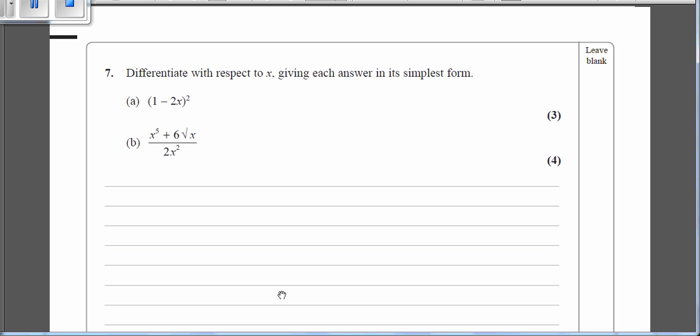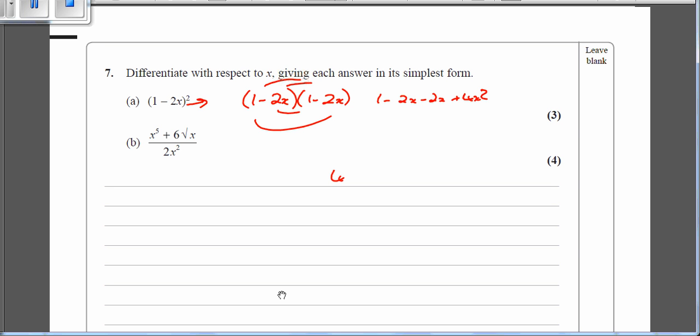Okay, similarly with this one, we can't differentiate at the moment because we've got them as powers. So we need to simplify this by multiplying out the brackets. So just like in the previous videos, if you've got a squared bracket, you write out the bracket twice. So that's going to be, using whichever method that you want to expand quadratic brackets, 1 minus 2x minus 2x plus 4x squared.